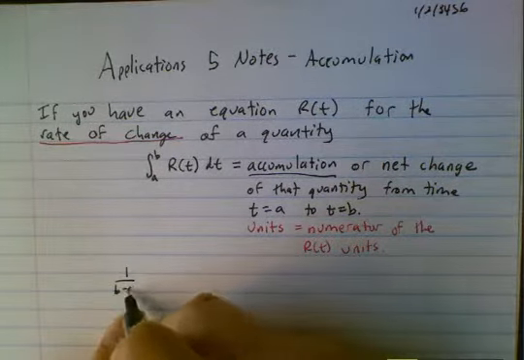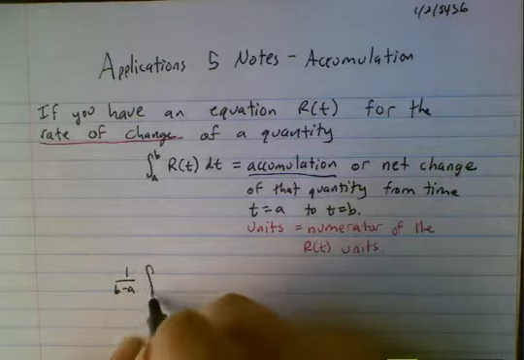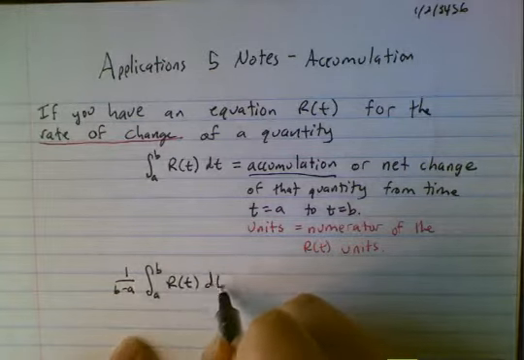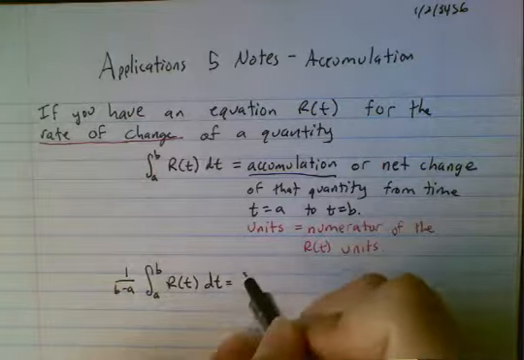1 over b minus a, the integral from a to b of R of t. This is different.